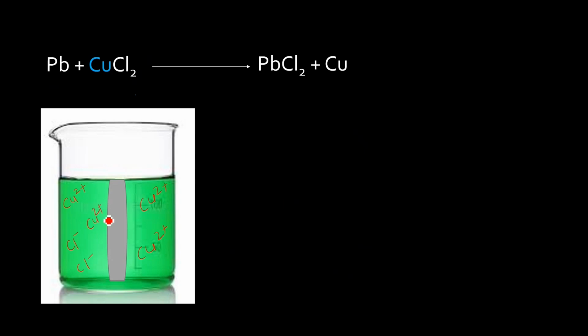The lead strip will lose electrons, and since copper ions are electron acceptors, they will accept the electrons from the lead, and lead will go into the solution as lead ions, Pb2+ ions. These copper ions will accept electrons and start depositing as a red-brown layer on the lead strip.